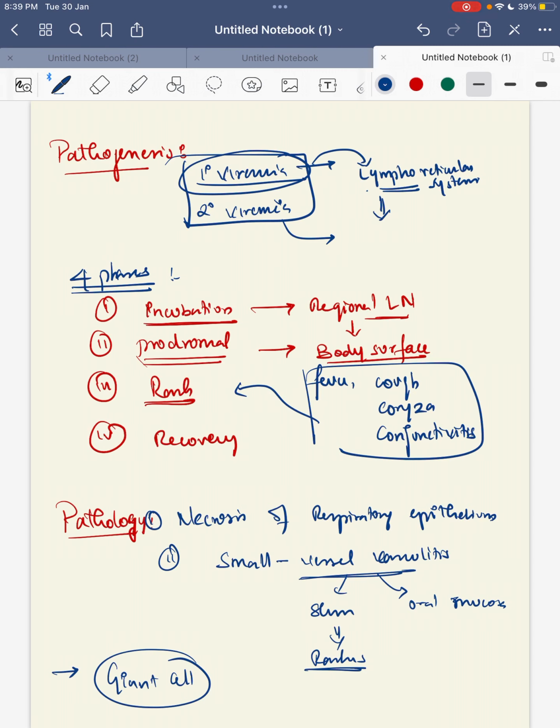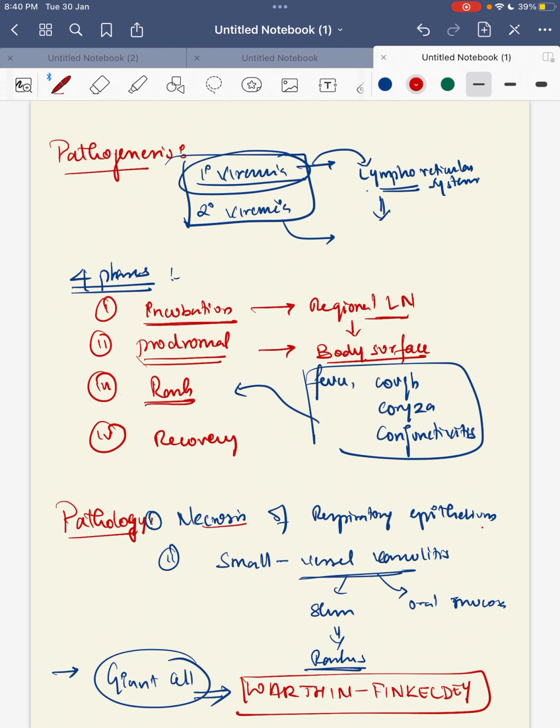Along with that, a giant cell is formed with the help of about 100 nuclei. All these infected cells unite to form this giant cell, which is one more MCQ question: the Warthin-Finkeldey giant cell.